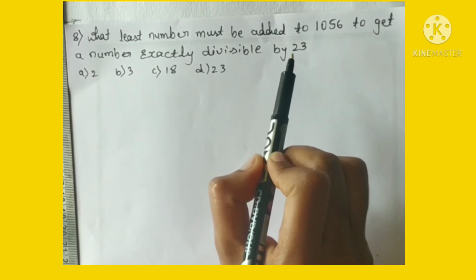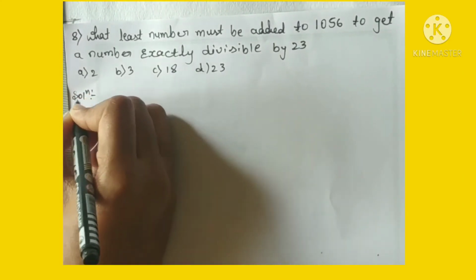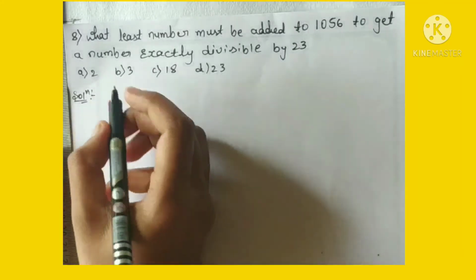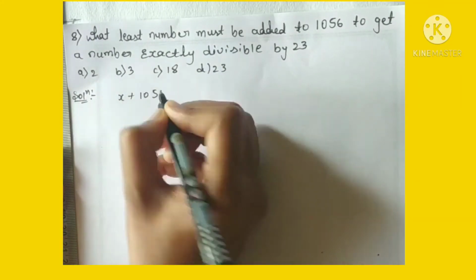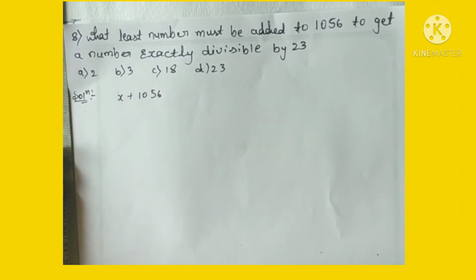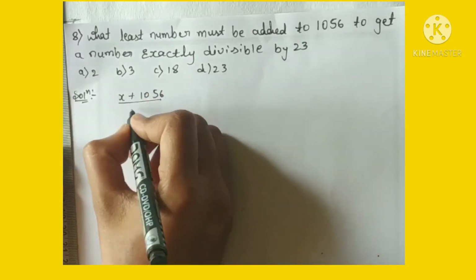Suppose I add x to 1056, it must satisfy the divisibility rule of 23. That is, it must be divisible by 23.